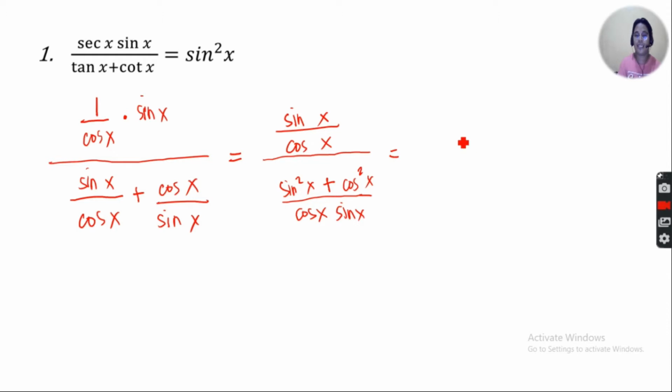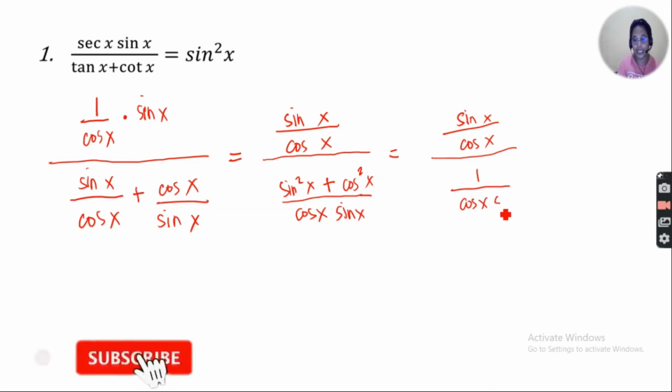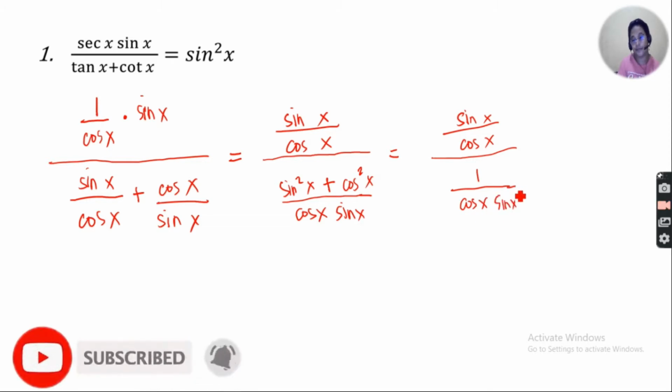Proceed po tayo. Sine x over cosine x all over sine squared x plus cosine squared x is equal to 1, since this is a Pythagorean identity po. And over cosine x sine x po.